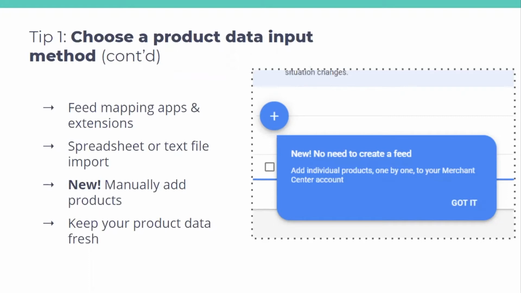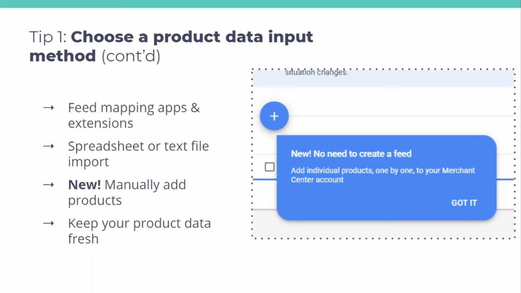You can manually add products. Of course, each product does need a lot of data, so it might not make sense to add products one by one if you have quite a few. But if you're just getting started and you have a handful that you want to test first before you go into this, that is also an option. So if you go into Merchant Center, you'll see this nice pop-up we have here, pictured on the slide.